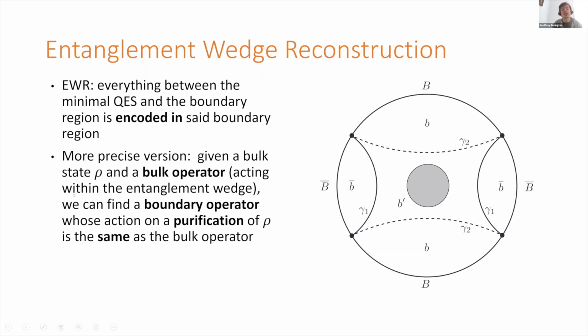Then the claim is that we can find a boundary operator that acts only on region big B, whose action on a purification of rho is the same as the action of the bulk operator acting within the entanglement wedge. If rho is a maximally mixed state on some code subspace, then this is just the usual definition that the boundary operator needs to act correctly on states in the code subspace.